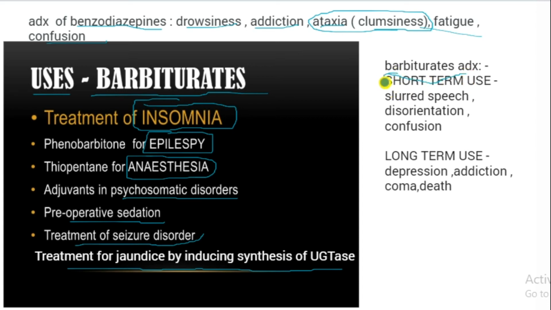Barbiturates adverse effect: if we use in short term, we can see symptoms of slurred speech, disorientation, confusion. If we use in long term, depression, addiction, coma or death will happen.